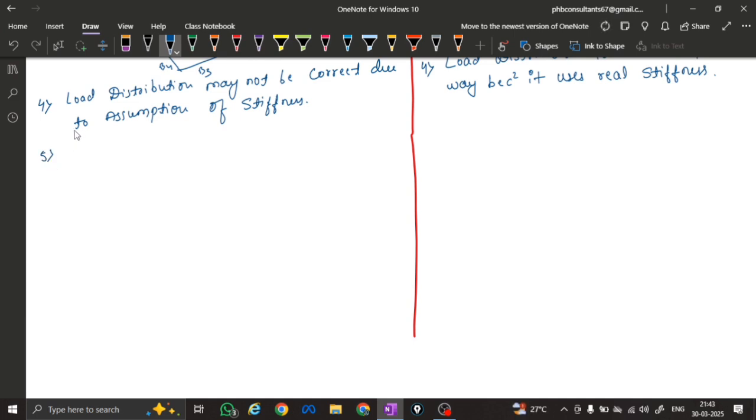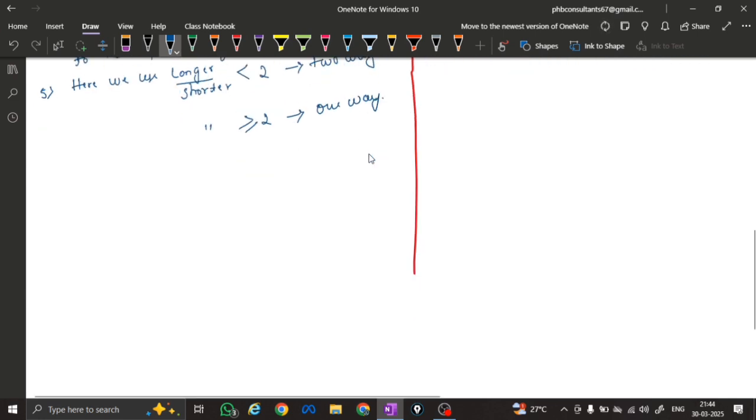Okay. Now another difference is in membrane, here we use longer span by shorter span, which is less than 2 means we take 2 way. If this longer span by shorter span is greater than or equal to 2 means we use this as one way load distribution method.